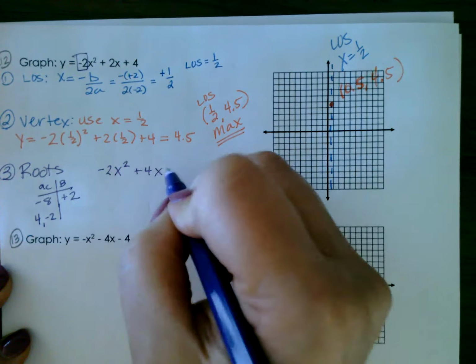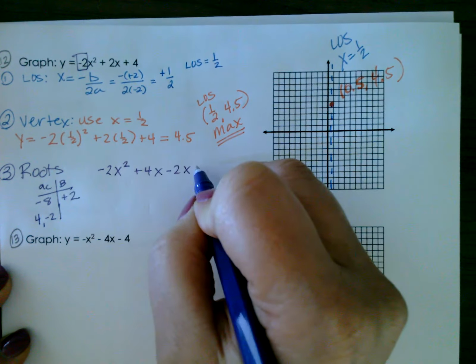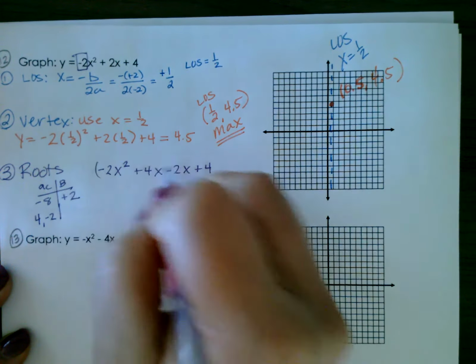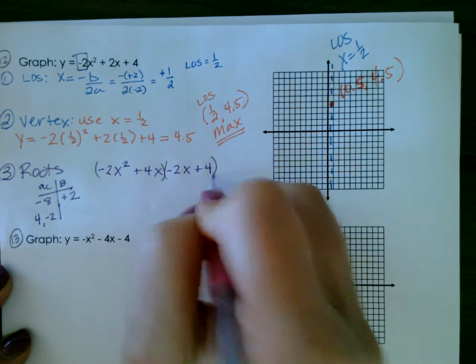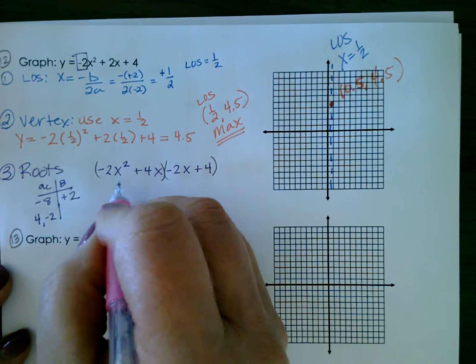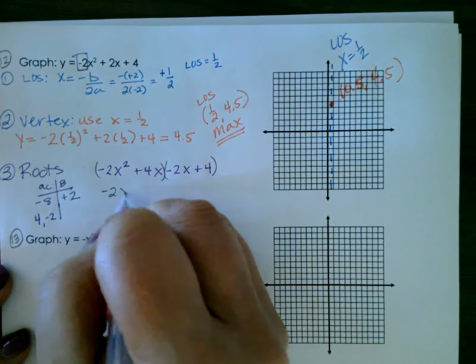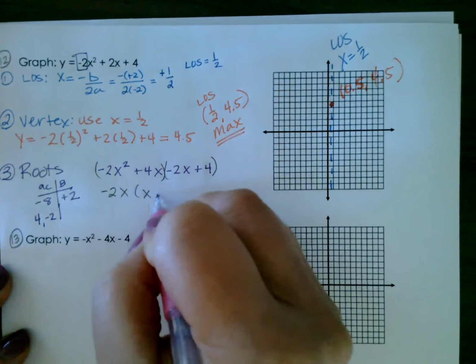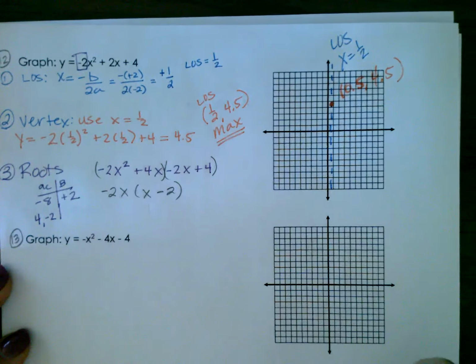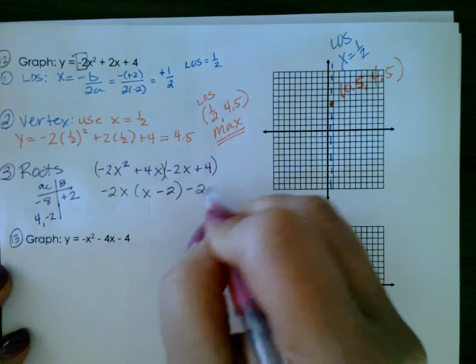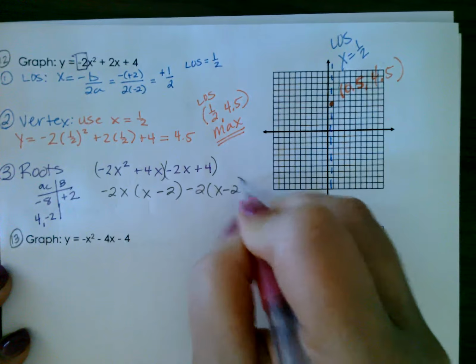And we will then proceed to do what we were doing in the last unit, grouping together. I am going to take out a -2x, leaving me with x minus 2. I'm going to take out a -2, leaving me with x minus 2.